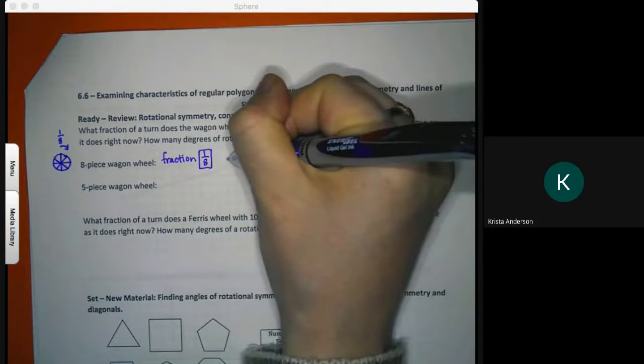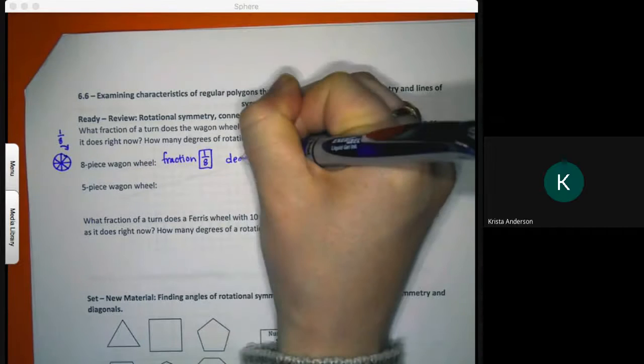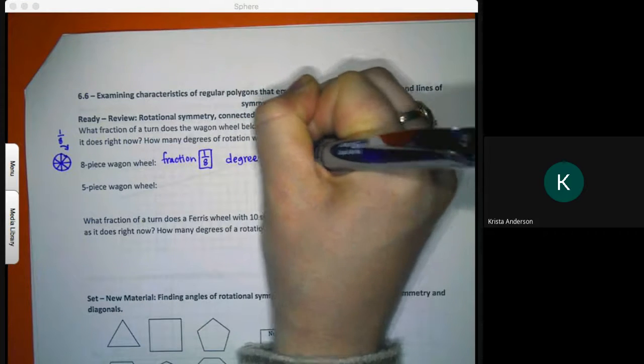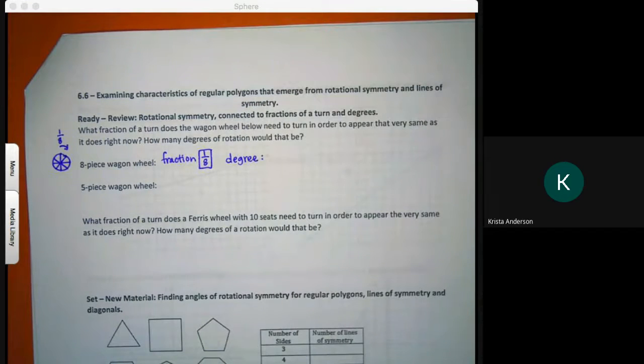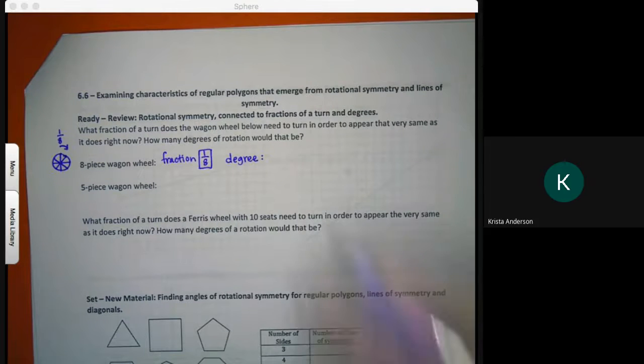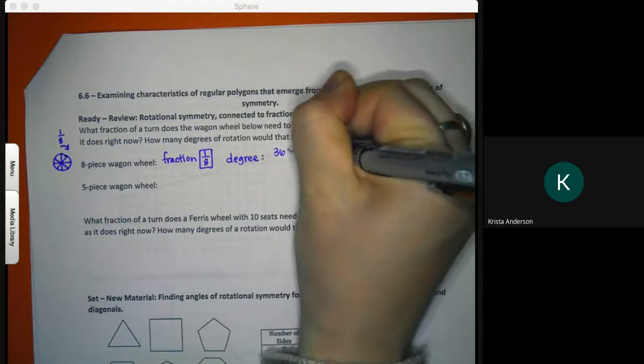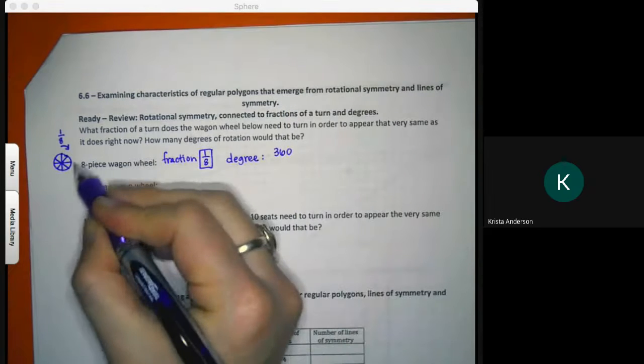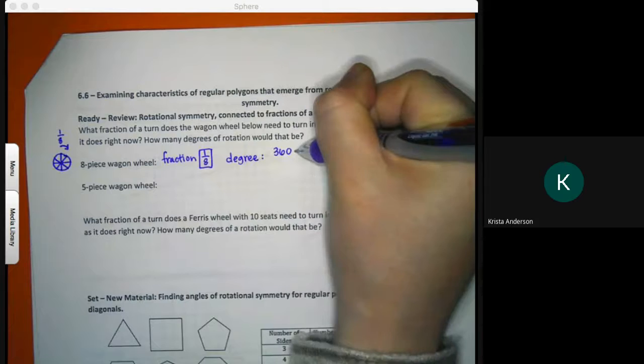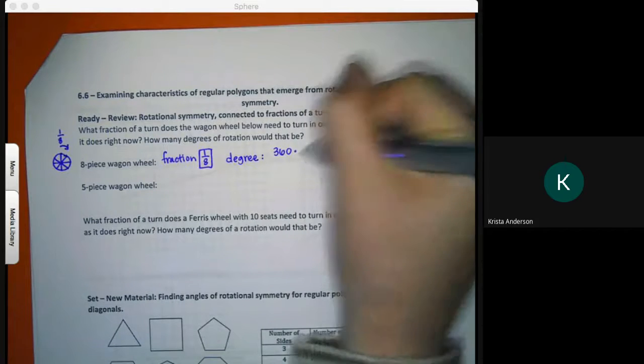If I want to find how many degrees that is, does anybody know what a full circle is? 360, okay. But I'm not going to go the full 360. I'm only going to go 1/8 of it.